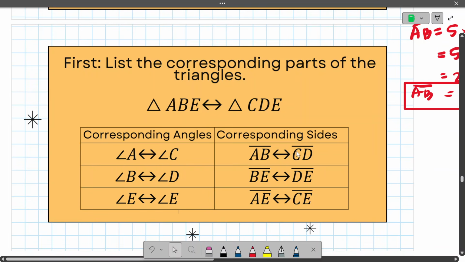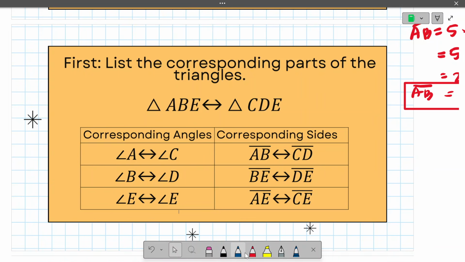How about dito sa sides? Sa sides naman ng triangle ay, it's just, hold on. Yan. Side AB is corresponding to side CD. Pag sa triangle pa yan, ganito yan.